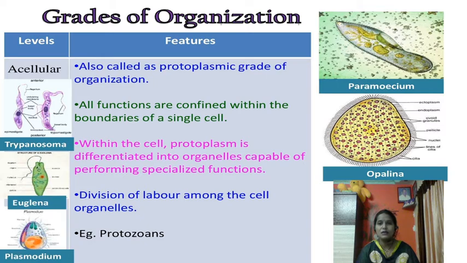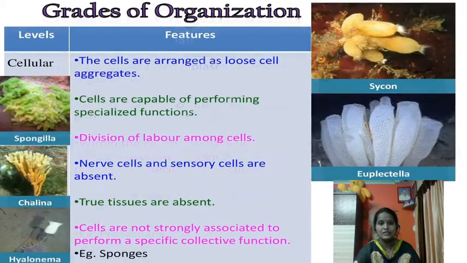Examples of some of the protozoans are given in this slide: Trypanosoma, Euglena, Plasmodium, Paramecium, Opalina. These are all organisms having a cellular grade of organization.